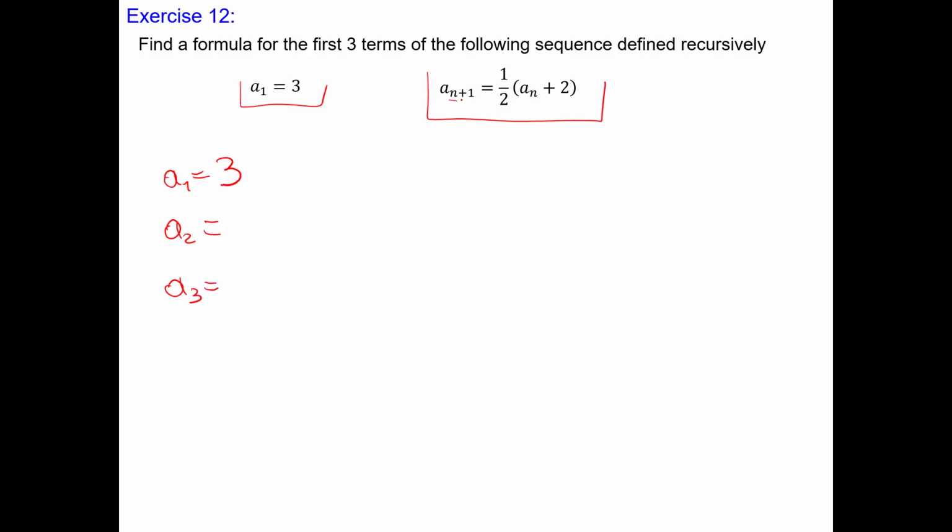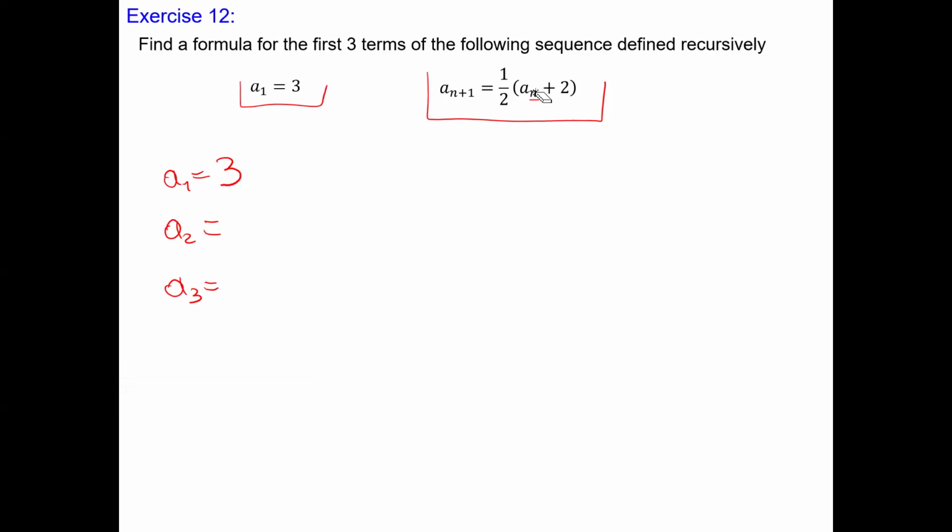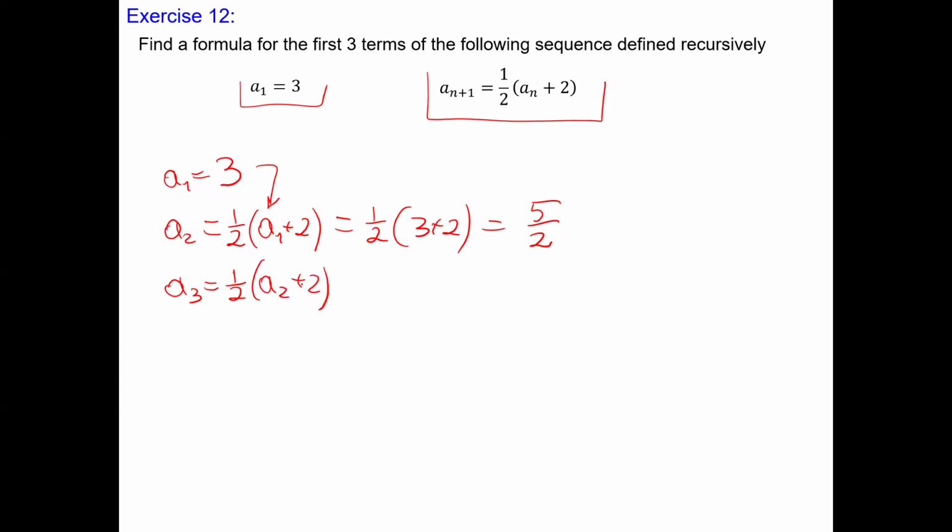We can see if this is n equals 2, then this will be n equals 1. Makes sense? If this is 2, because this one is 1 less, then the second term is defined as 1/2 times the first term plus 2. Let's substitute: 1/2 times 3 plus 2, that is 5/2. Beautiful. And then the third term is defined as 1/2 times the second term plus 2.